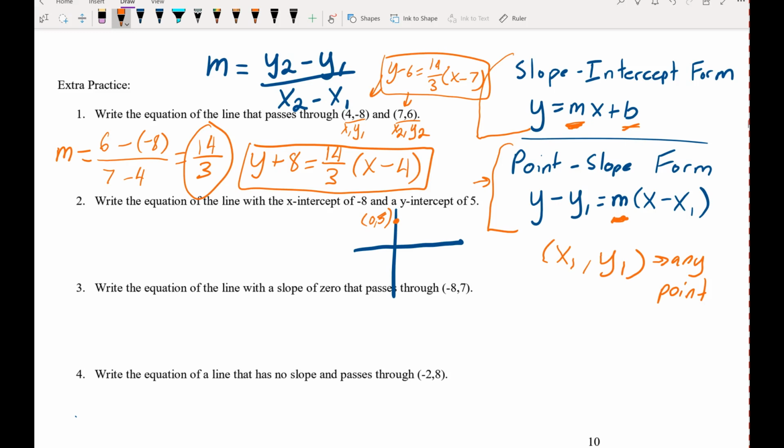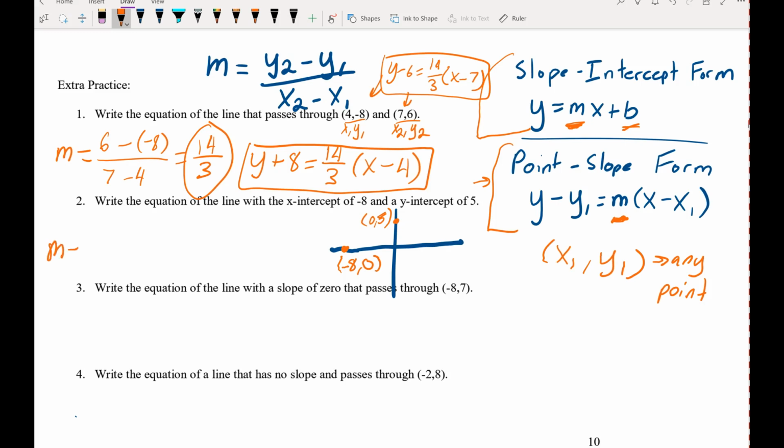And it says it crosses the x-axis at an x-intercept of negative 8. So if I extend this a little bit this way, negative 8 is probably somewhere over here. So (-8, 0). Well, now I do have 2 points. So I plug into the slope formula to find the slope between those 2 points, and I could pick either of those points and plug into point-slope form.